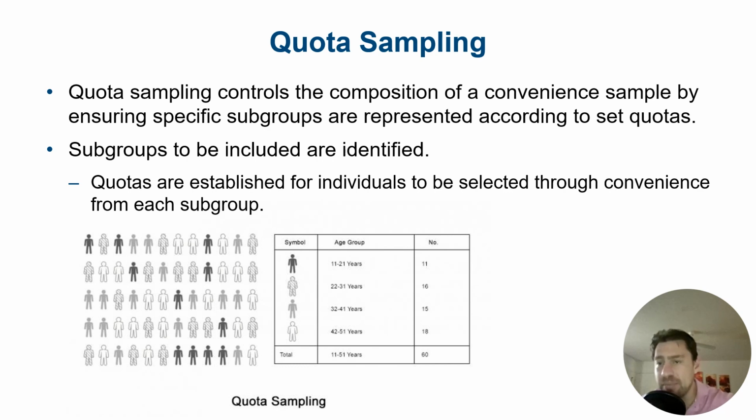So if you want a sample in which 40% of people are below the age of 30, then you set that quota, and once the quota has been met, you no longer accept people below 30 into your study. And so this is one approach of ensuring that the composition of your sample matches the composition of some target population.